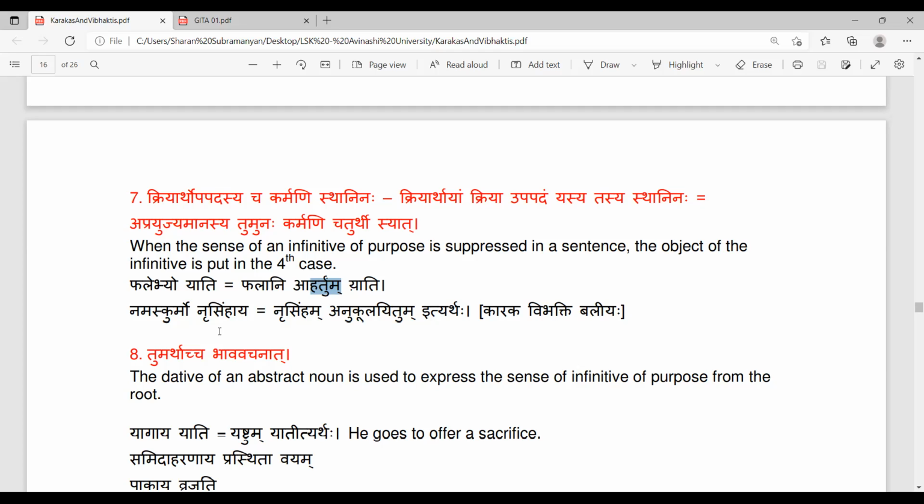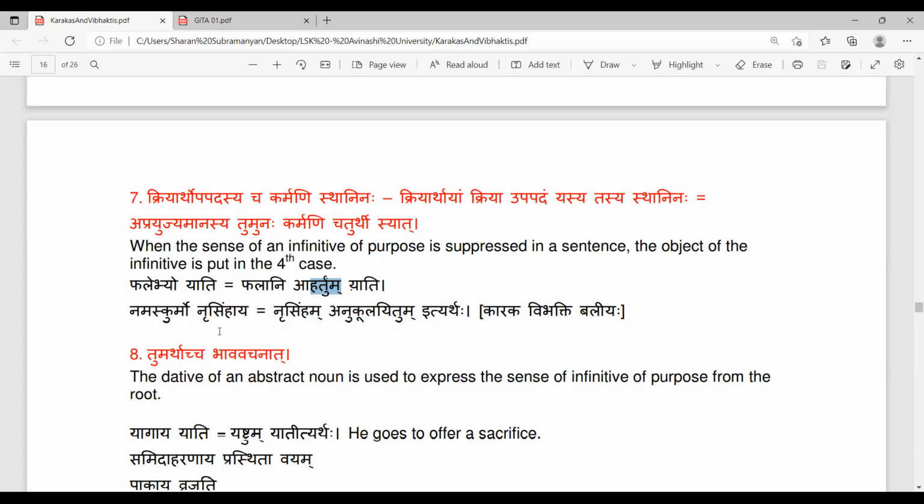When the tuman pratyaya is not explicitly used but is implied, and the tuman pratyaya has an object, that object would be in Chaturthi Vibhakti. Here, Narasimhaya is Chaturthi Vibhakti. Narasimhaya namaskurmaha. For what purpose do you do namaskara to Narasimha? For the anugraha of Narasimha. So, Narasimham anukulayitum.